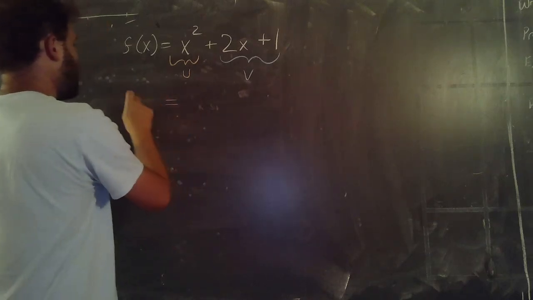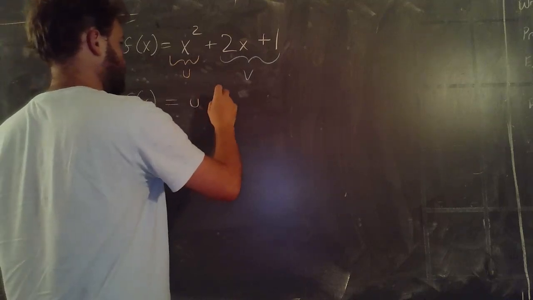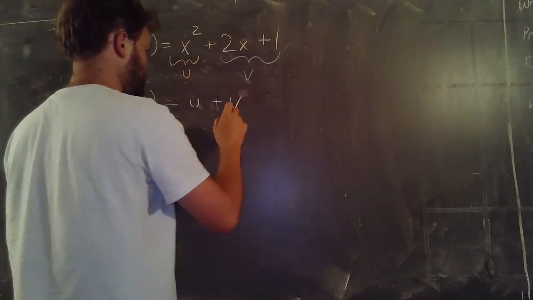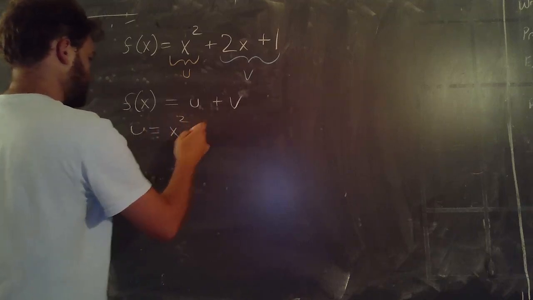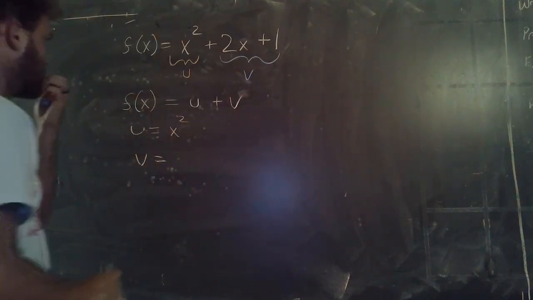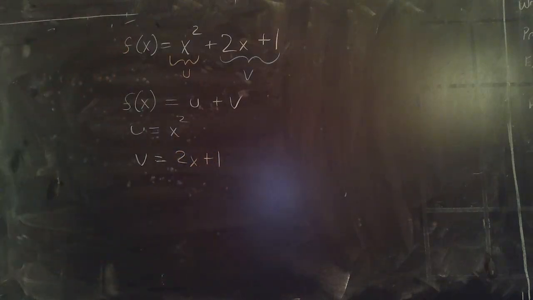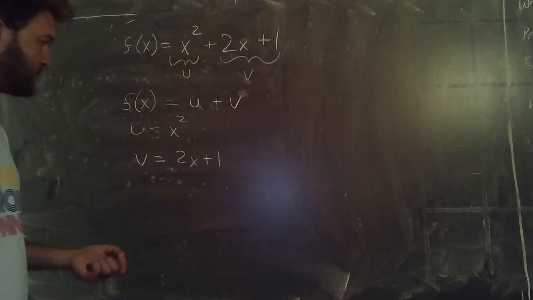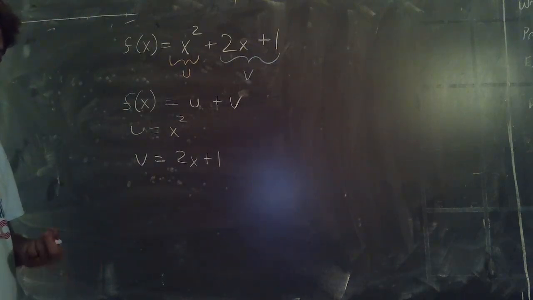And then our f of x is actually u plus v. But here we've written that u is equal to x squared and v is equal to 2x plus 1.